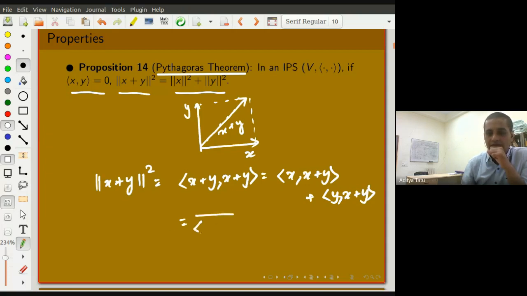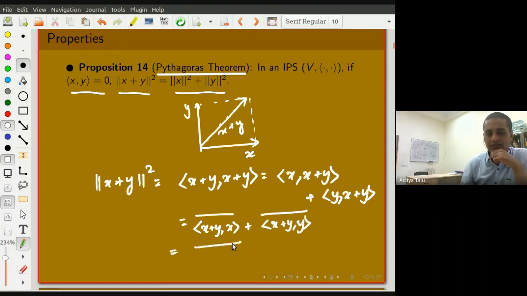So this is equal to the inner product of x plus y with x, complex conjugate, plus the complex conjugate of the inner product of x plus y with y.